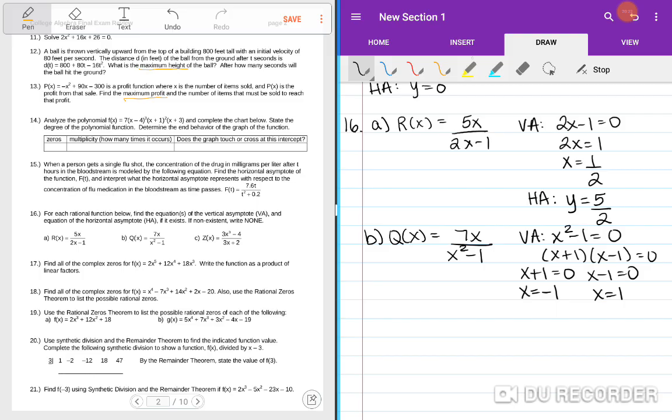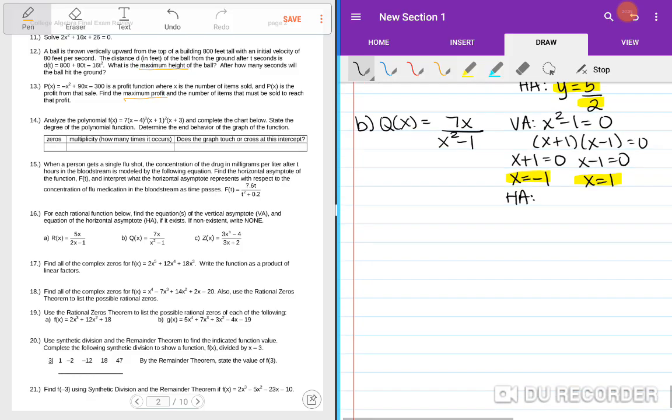So I have two vertical asymptotes for this problem. And then for the horizontal asymptote, I compare the degrees. Just a second ago, we said if the degree of the numerator is smaller than the degree of the denominator, then your asymptote is y equals 0.